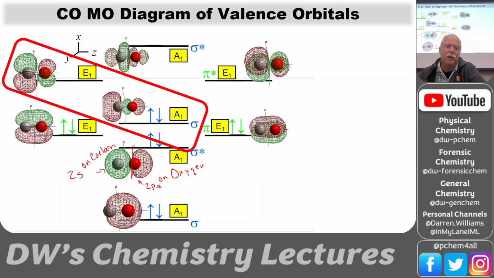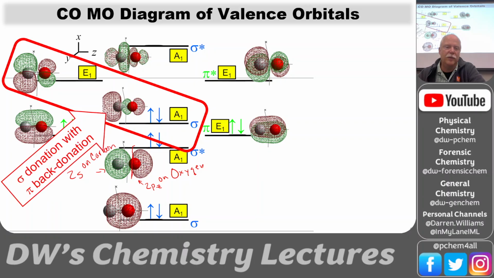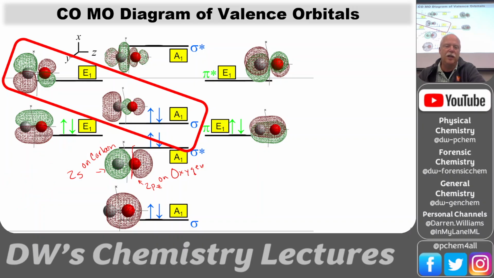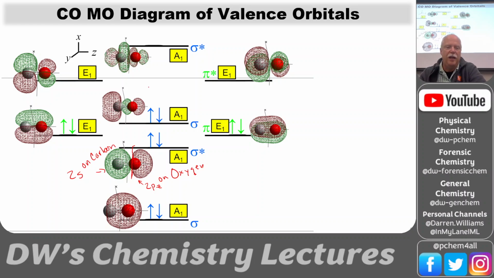Okay. And then these two are interesting. We'll get to them in a minute. We have this concept in inorganic chemistry with bonding called pi donation with back bonding. But before we get into that, let's sort of characterize the orbitals that figure in.